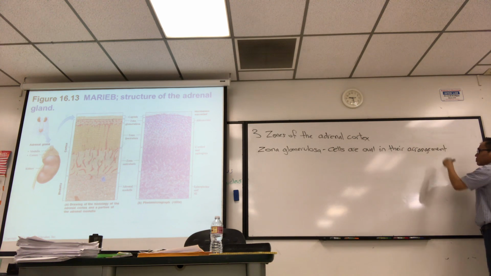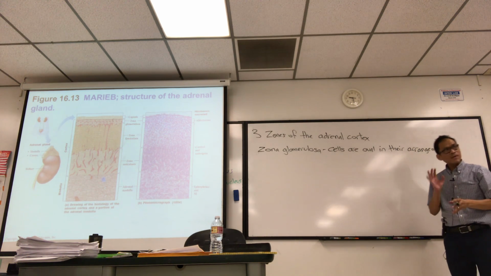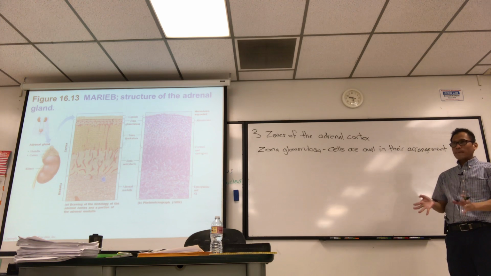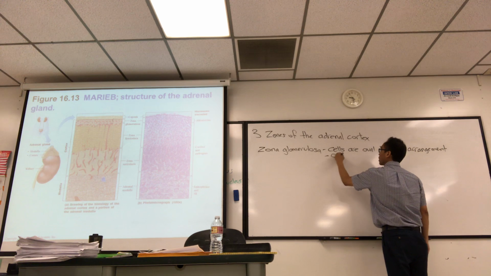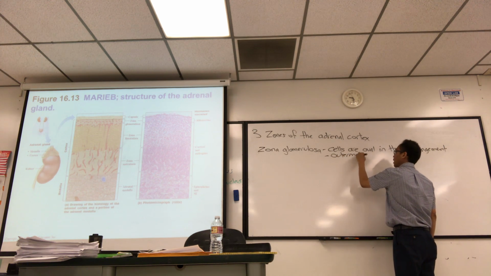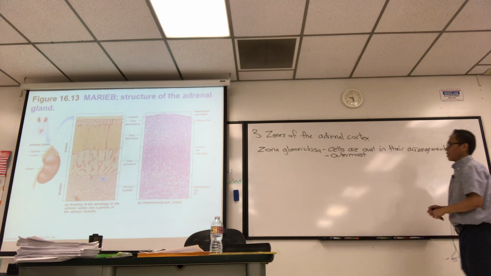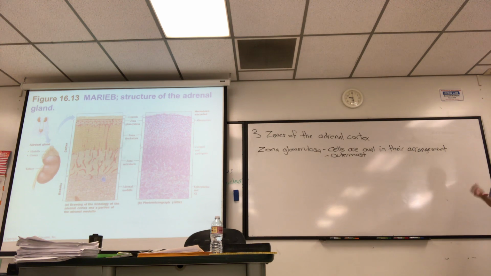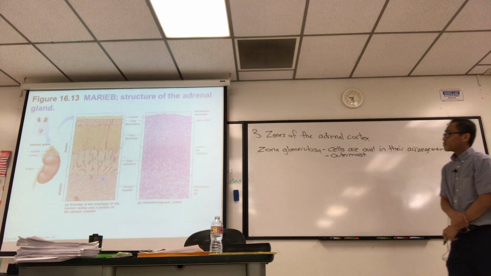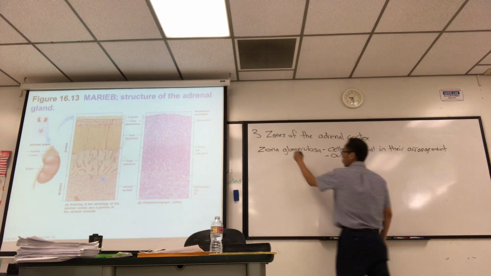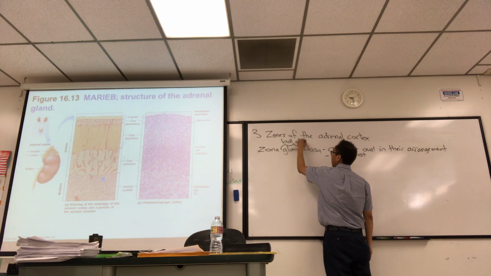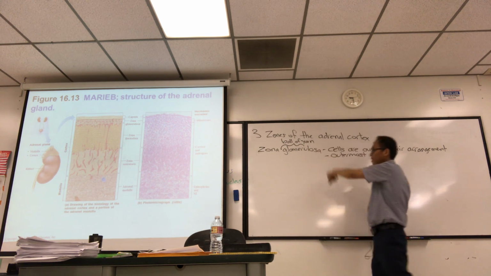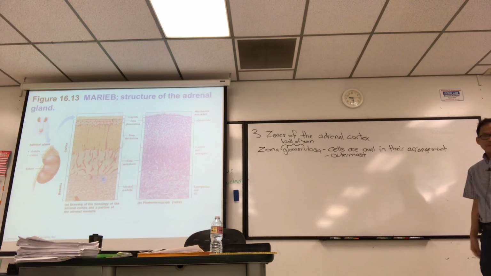Now when we look at microscope slides, you're not always going to see that. The main thing that will help you is to remember it's the outermost zone. Remember, the outermost thing is the capsule. That's why you've got to be able to identify the capsule. In fact, this word root, glomer, means ball of yarn. So the name of the zone is how the cells are arranged.